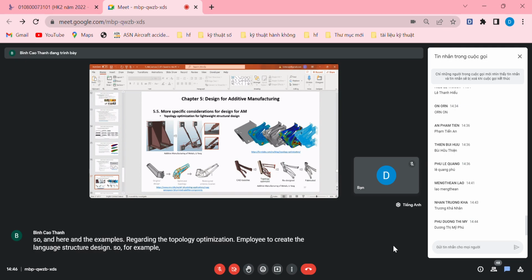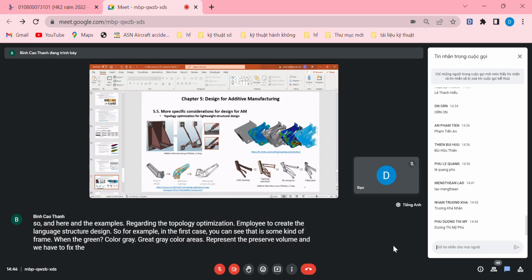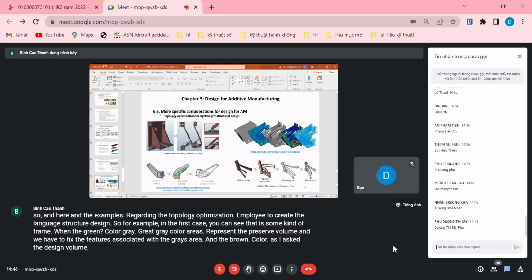So for example, in the first case, you could see some kind of frame where the gray color areas represent the preserved volume, and we have the fixtures associated with the gray area, and the brown color assigned as the design volume, which can be modified during the topology optimization run, and the others of course must be preserved.